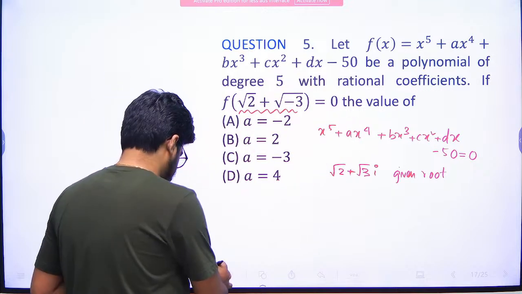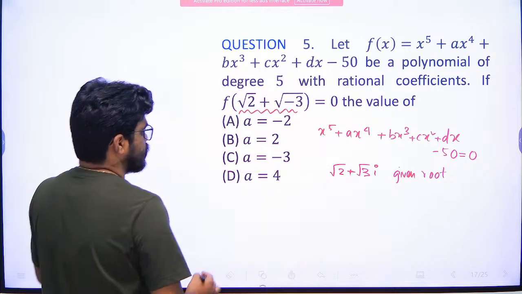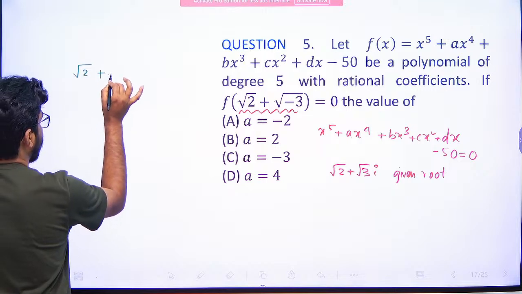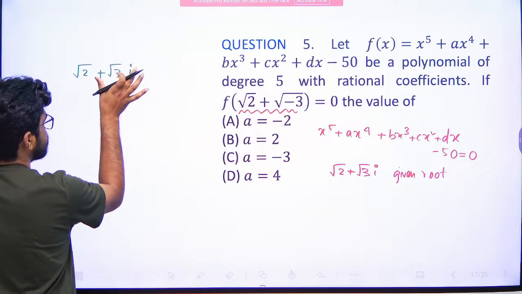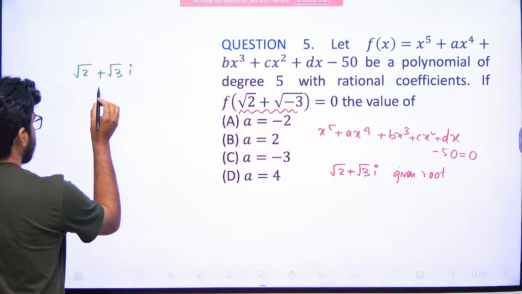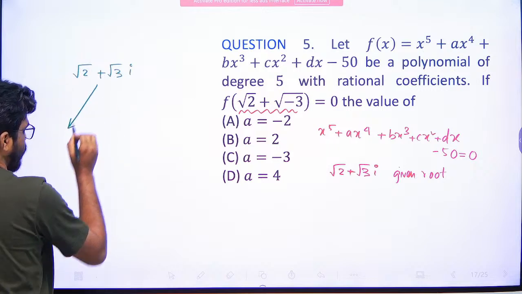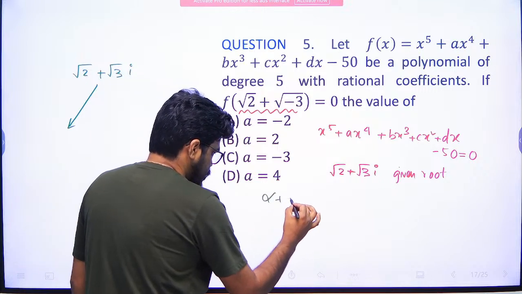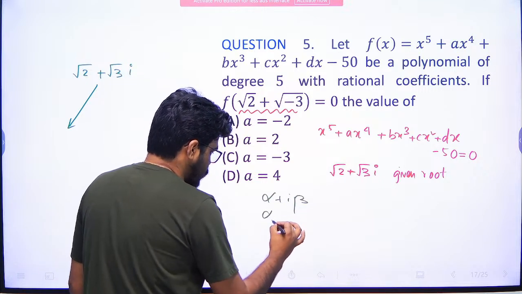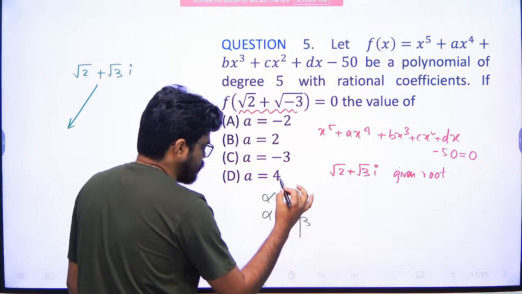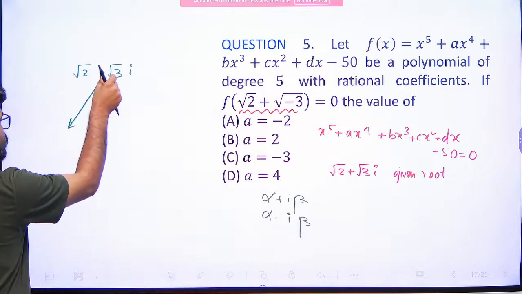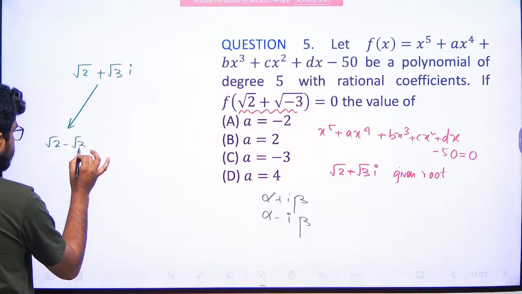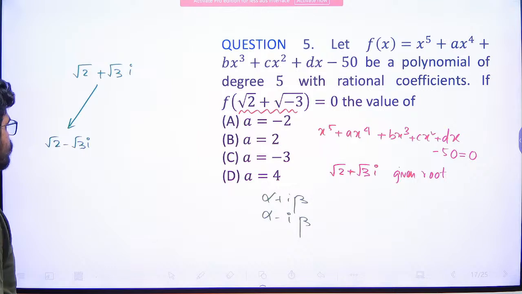Now just see what we get. It is given that root 2 plus root 3i is a root of this equation. So just apply this property. If alpha plus iβ is a root, then automatically alpha minus iβ will be another root. So root 2 minus root 3i will be another root.